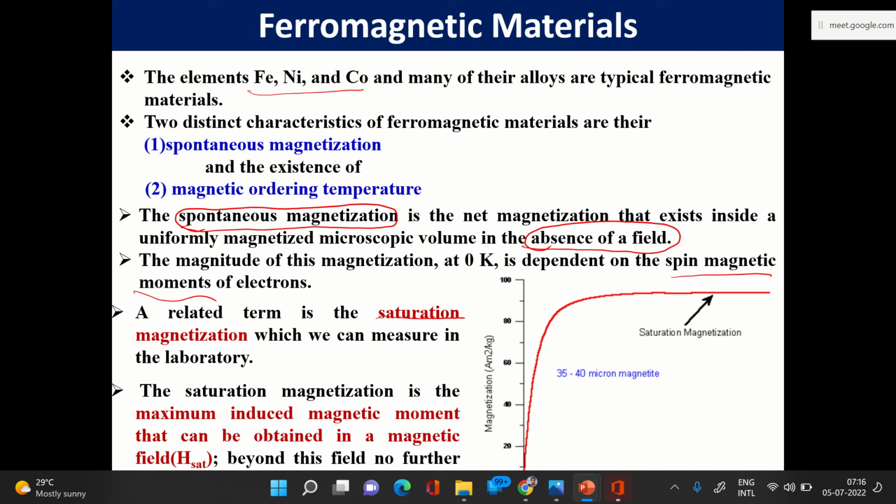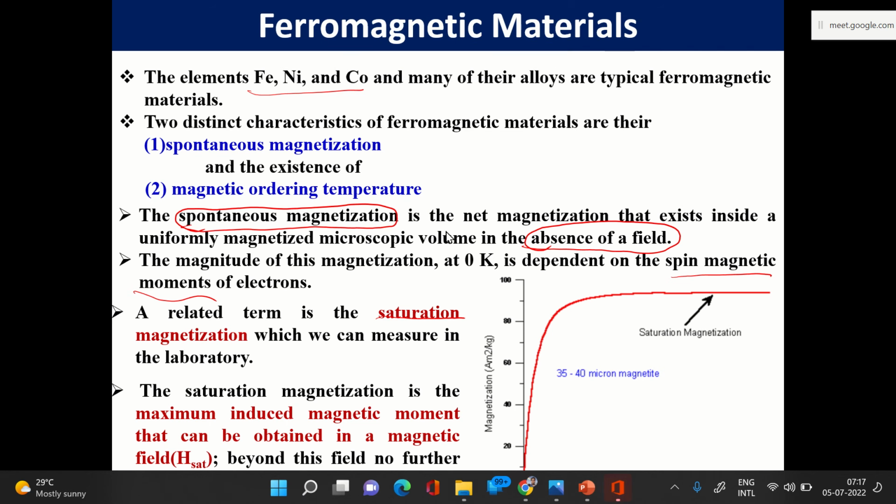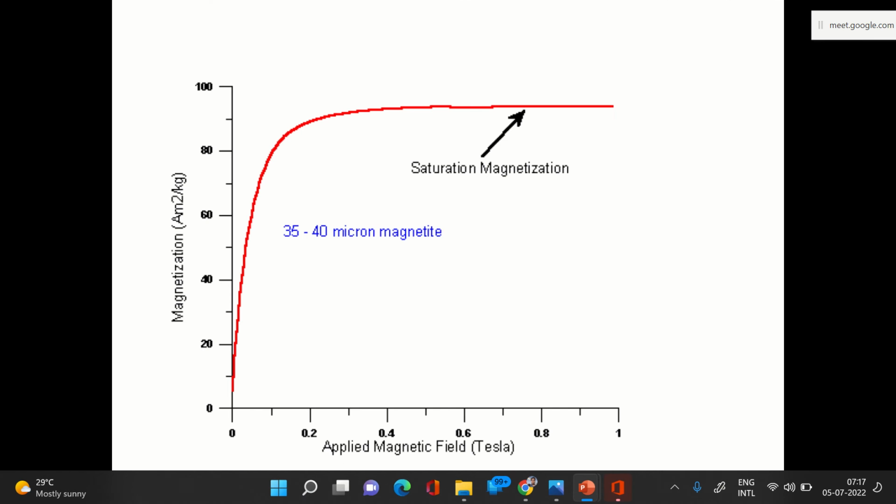There's no change in that, so that is what we saw already. And this was the behavior of a magnetite. This is a typical behavior of a magnetite crystal of very small size, of 35 to 40 microns.